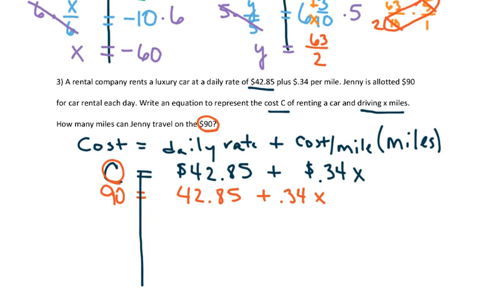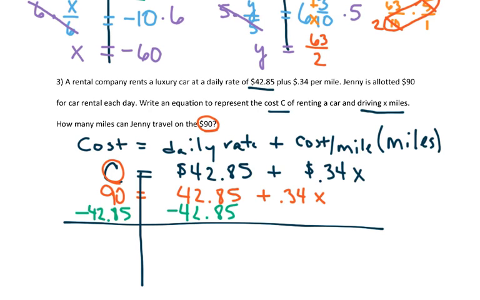We're going to subtract 42.85 from both sides. And you are certainly welcome to use a calculator to do this. 90 minus 42.85 is 47.15.